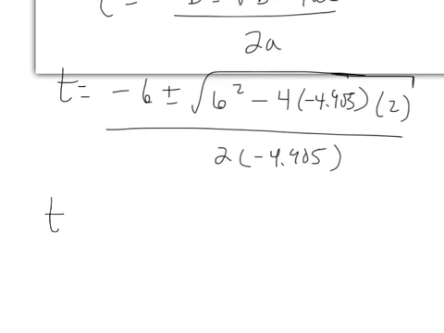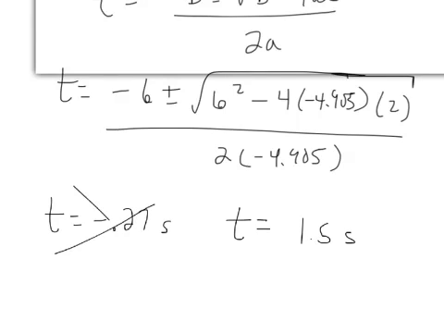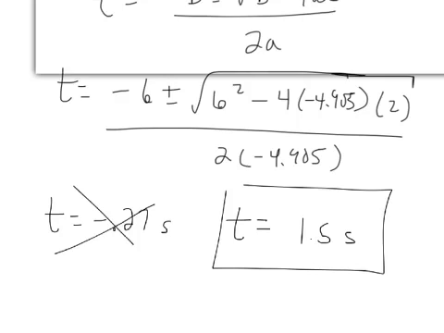And if we get those 2 roots, we get 2 times. We get a time of negative 0.27 seconds and positive 1.5 seconds. Well, we're going to reject the negative time, and that kind of correlates to the fact that it started 2 meters above the ground. It has to do with that starting value and the time it would move back toward the ground. But this is our answer of 1.5 seconds.